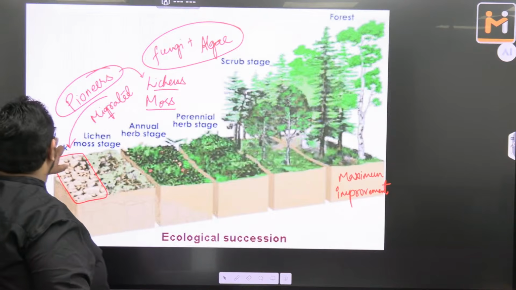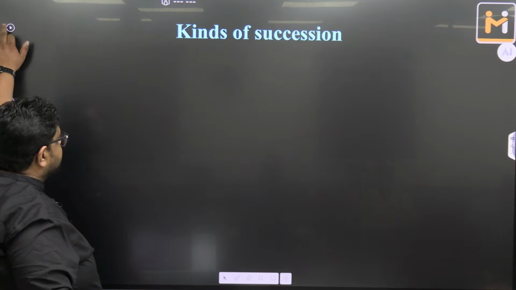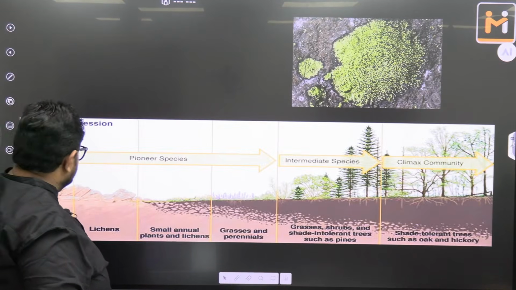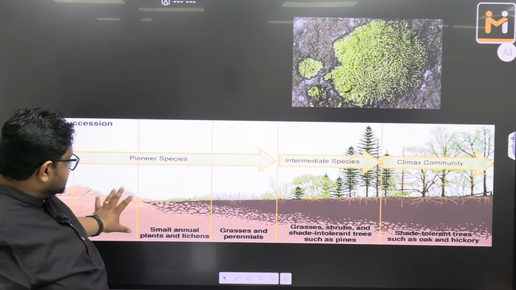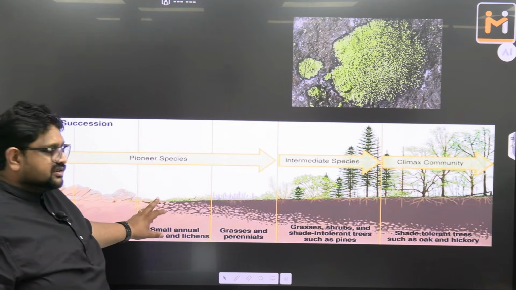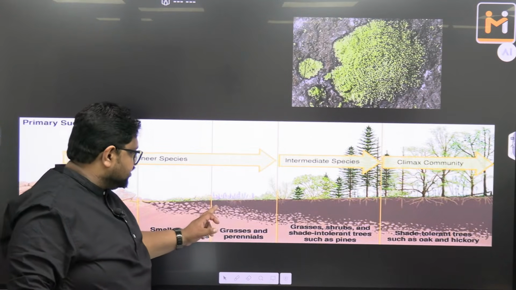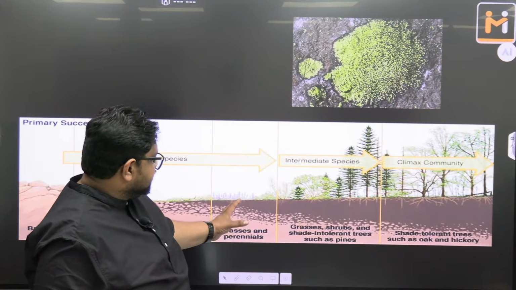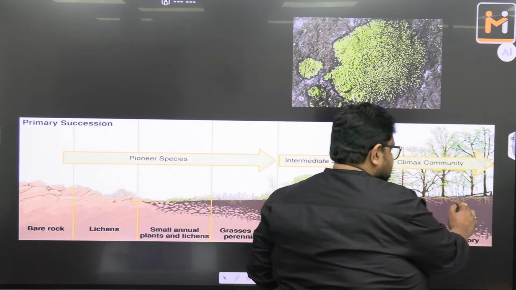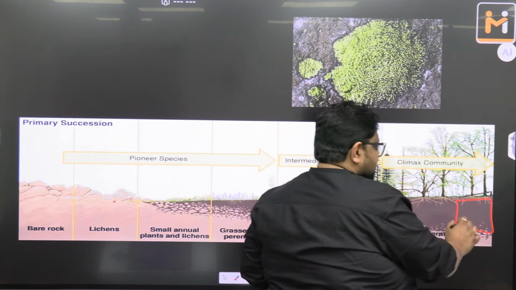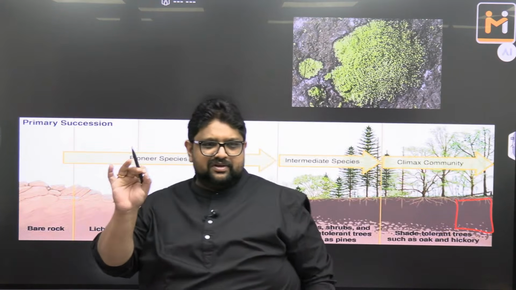If you see this here, from rocks, lichens come, and they will start becoming soil. Soil improvement happens: small annual plants, lichens, grasses, perennials come, and the soil keeps improving. There will be a stage where this is the maximum improvement a soil can have.